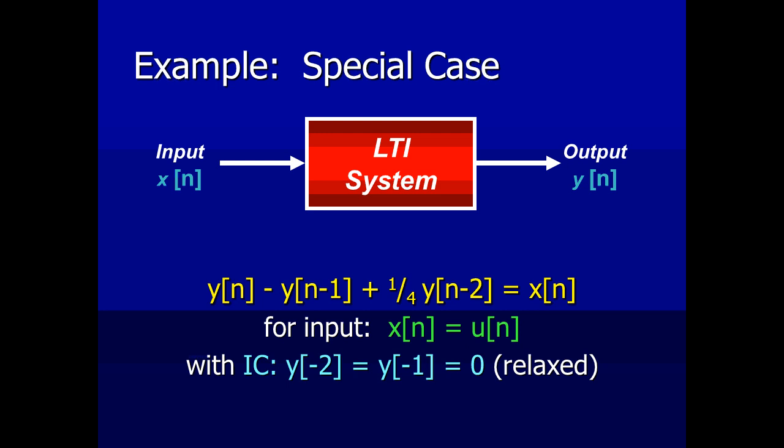We want to solve this for input x of n a unit step, and all the initial conditions happen to be 0. What order system is this? Second order. The highest order delay on the y side is 2, so it's a second order system.